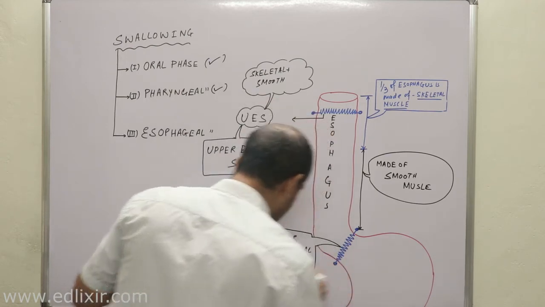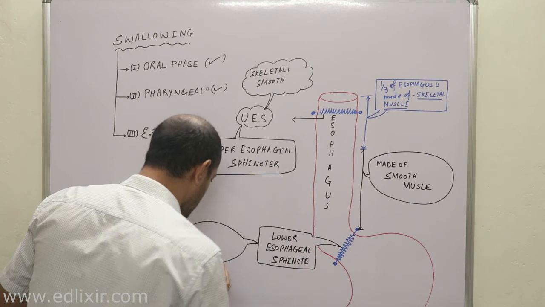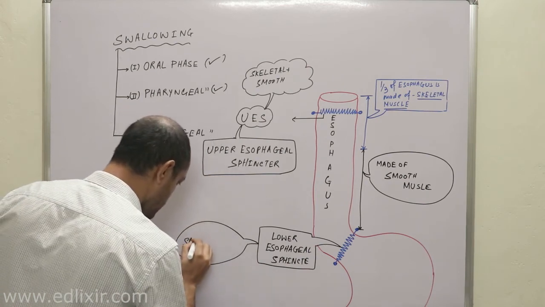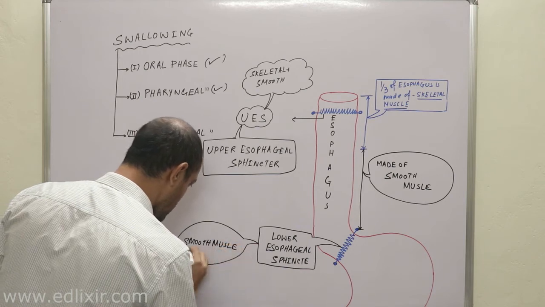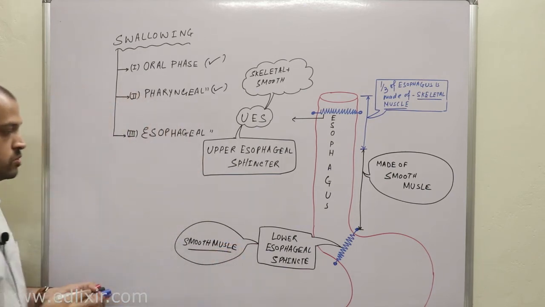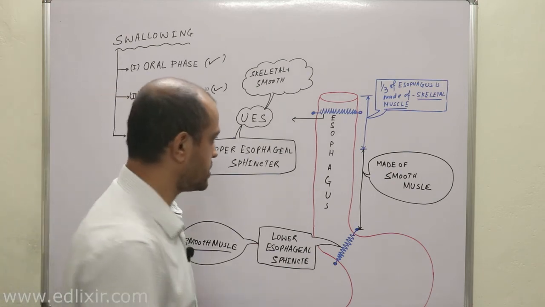But the lower esophageal sphincter is purely made up of smooth muscle. Clear? It's purely made up of smooth muscle. Okay? Now listen with all your attention.